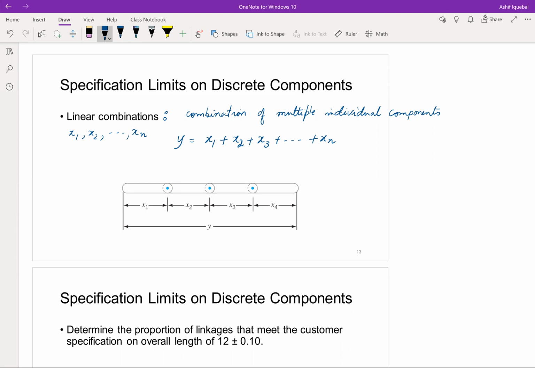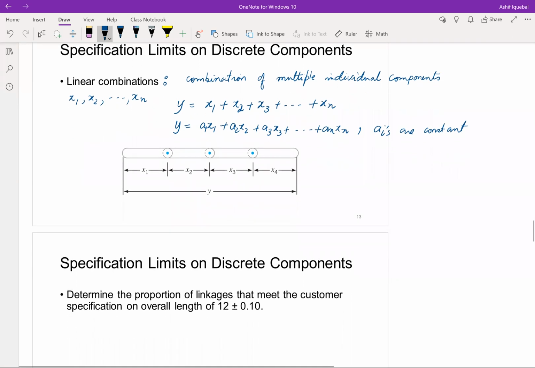In many cases, you might be given some constants a1, a2, a3, up to an, multiplying x1 through xn, where the ai's are constants. Typically, each of these constants will be equal to 1, but there are cases when they are not equal to 1. For the time being, we'll just assume each of these constants is equal to 1, and we can use the first formula, which is just the sum of individual measurements.